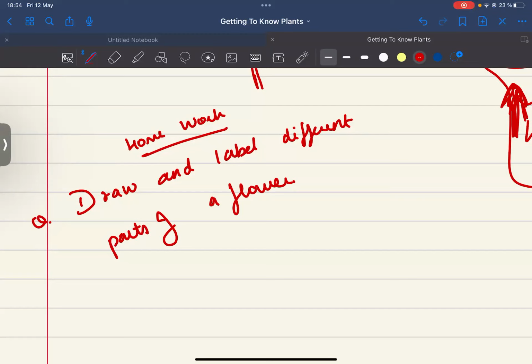Okay, good question. Does everybody know the answer? Just now we saw, no? Aerial plants. Okay, so the banyan tree is an aerial plant. That is why its roots grow outside the plant. Okay. Okay, ma'am.